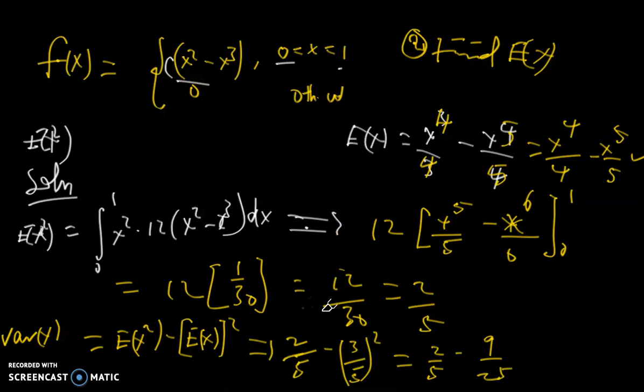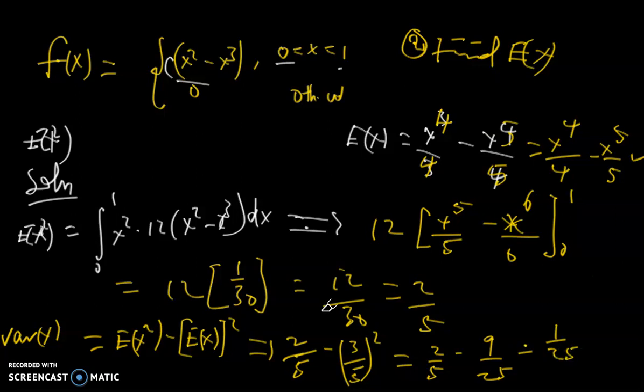So we got in our expected value of x squared 2 over 5, and the expected value of x is 3 over 5, then we square it. So this will give us 9 over 25. If we subtract this, we simply get 1 over 25.